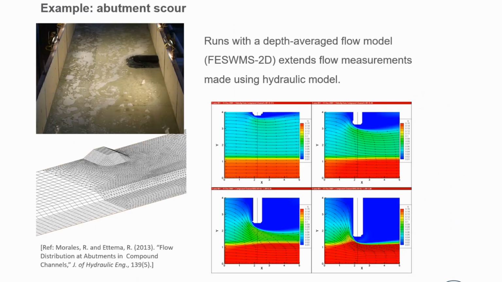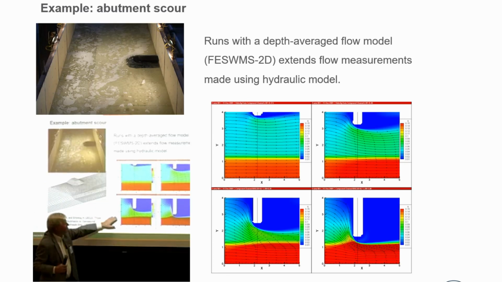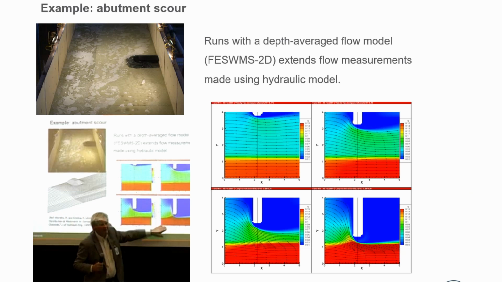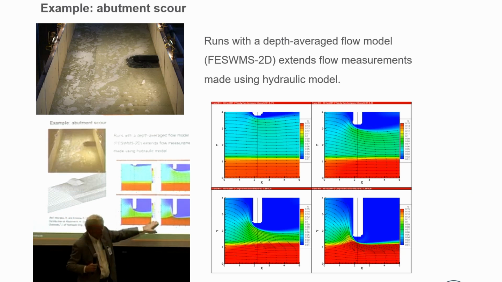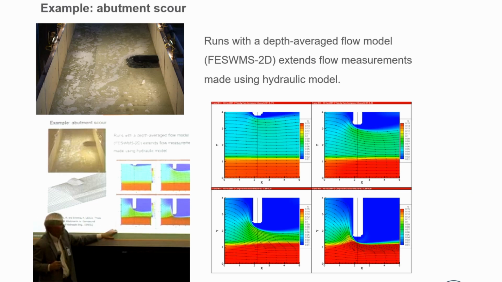Numerical models are useful. This is the FESWMS 2D model, just to show how changing the floodplain affects the flow field. So you get information like this reasonably well. It doesn't tell you anything about the turbulent structures, mind you, because this is a very 3D flow field, but it gives you some insight into how the flow field is doing. The floodplain is here, the main channel is here, and it shows you how that varies.